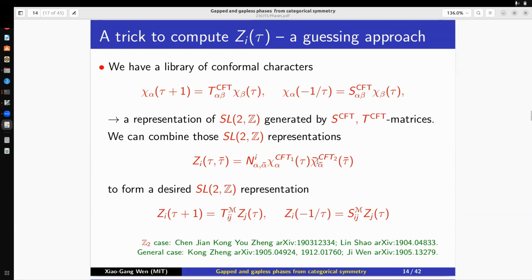When you have two representations, you get a tensor product of two SL2Z representations. Then you need to do a projection into the proper SL2Z representation that you desire for this topological order in the bulk. But if you pick these two conformal characters randomly, you find there's no solution, no projection to what you want.